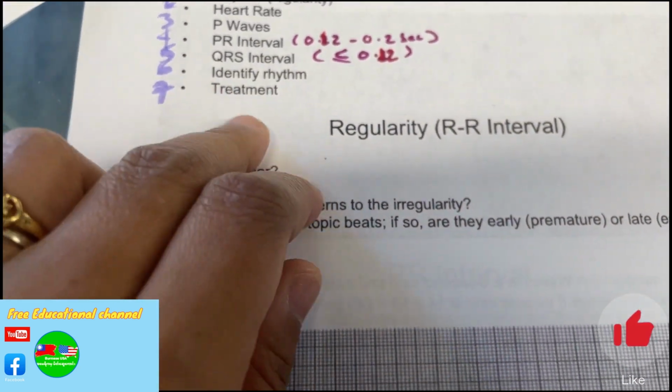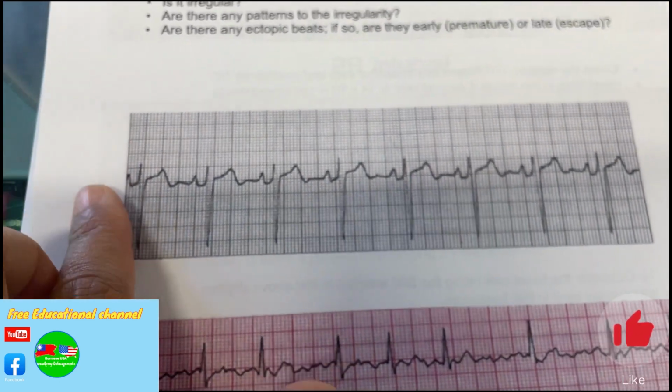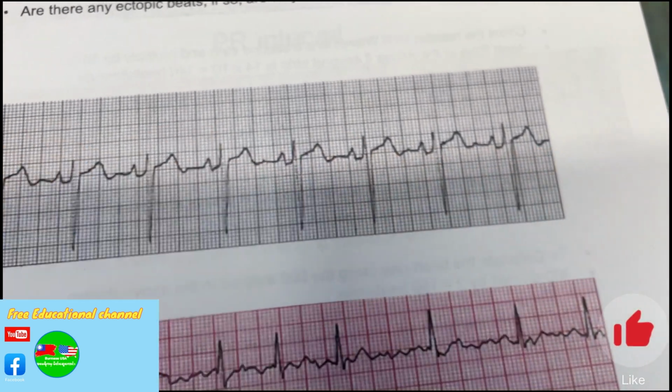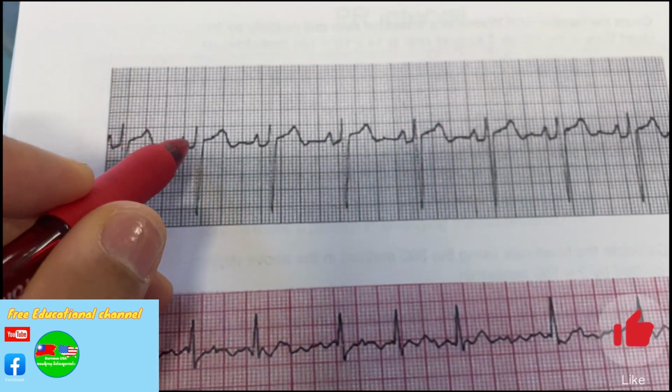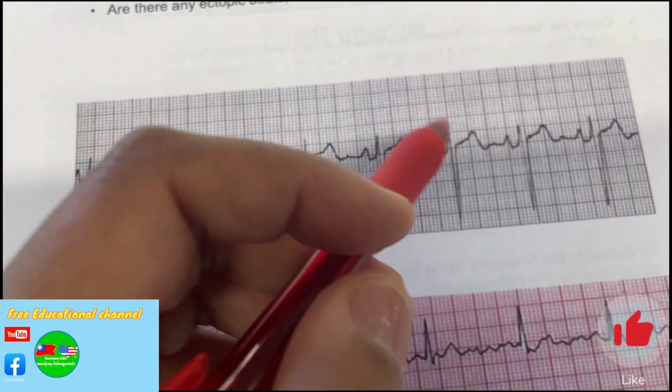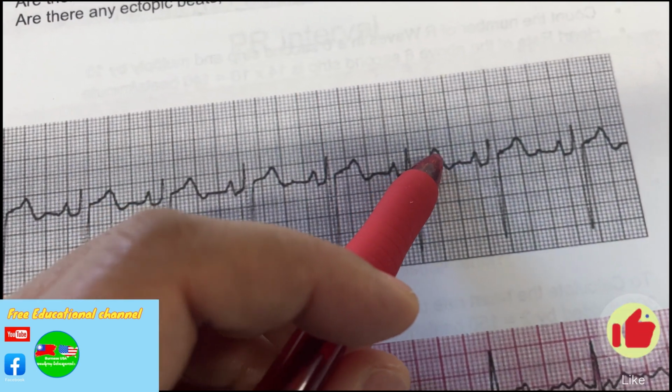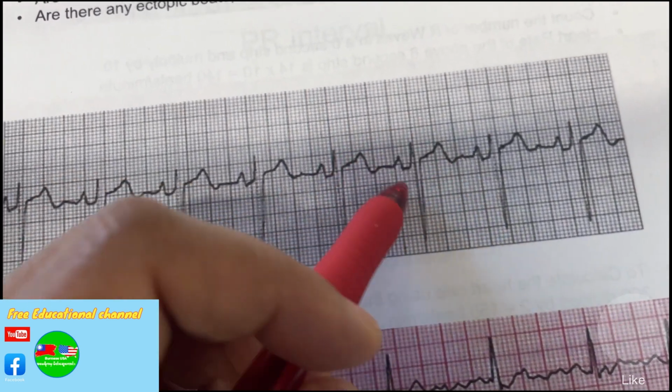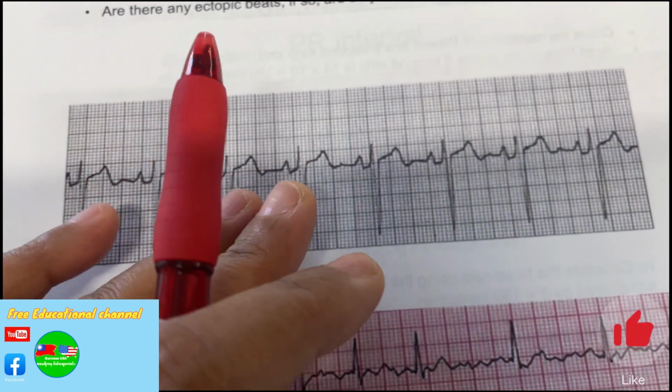And then identify the rhythm. To me, it looks like there's a P everywhere, QRS everywhere, T everywhere. But remember, your ST segment is elevated. So this is more like an ischemic heart, and your heart needs oxygen.